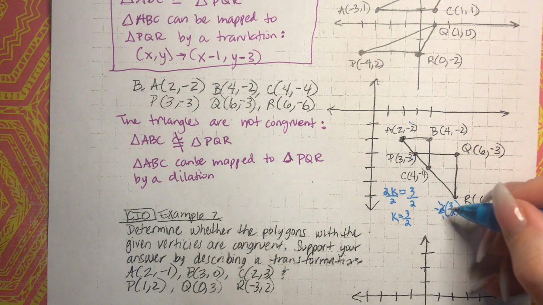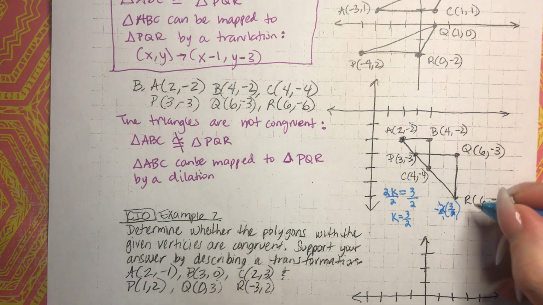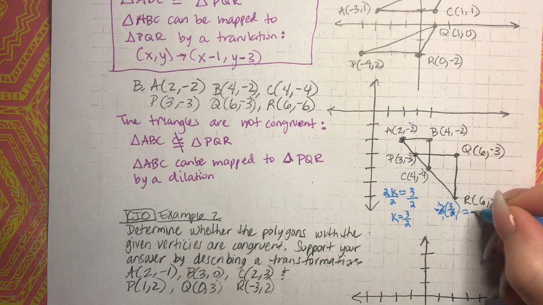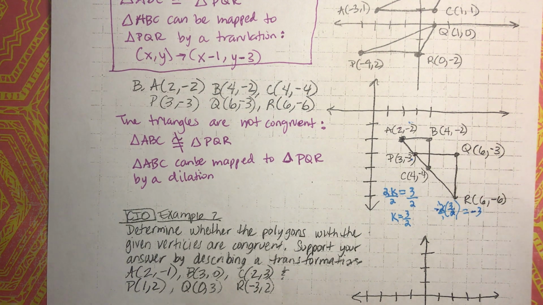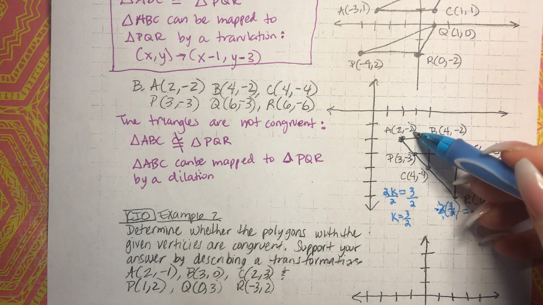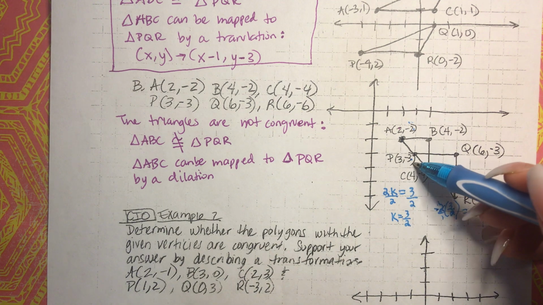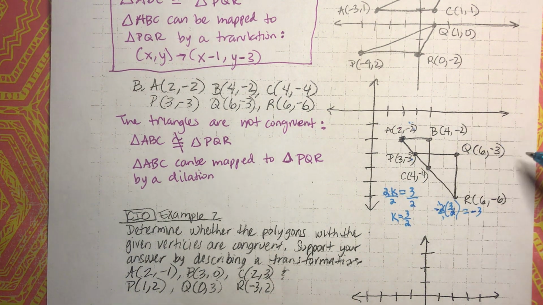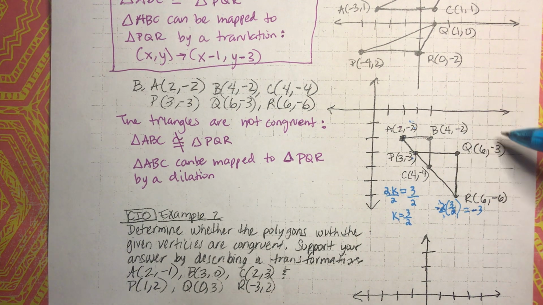Those 2's are going to cancel out and become 1, and then we multiply across, and we end up with a negative times 3, which is -3/1, which is just -3. And if you start with -2, you multiply it by 3/2, you end up with -3, which is exactly what they have here. So we might want to try it over here just to make sure with B and Q, to make sure that we have that same k value one more time.